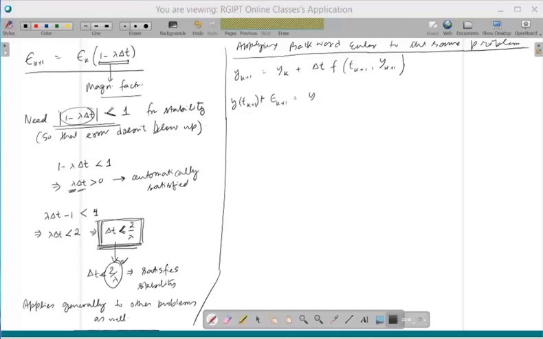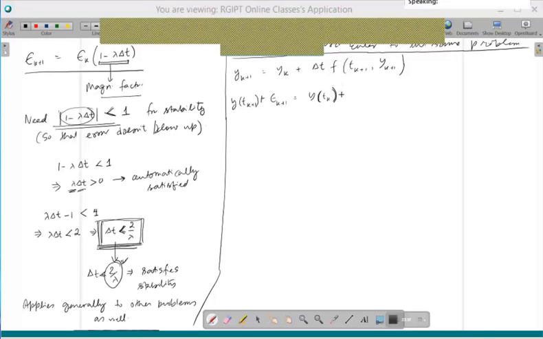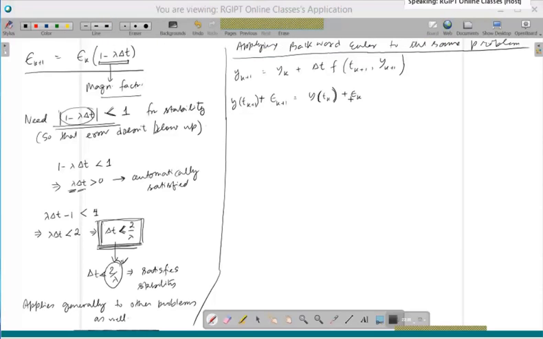That is y at t k, where y with the brackets is the exact solution and y with a subscript is the computed solution, right? So this plus epsilon k, plus delta t times f. f now is for our particular problem.